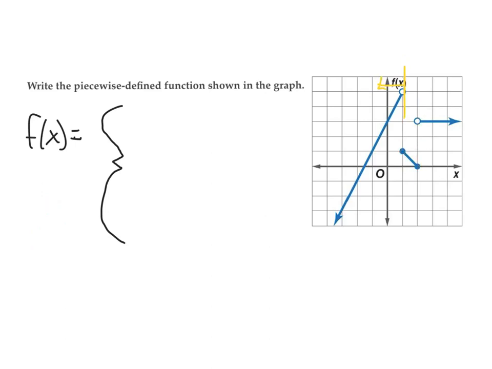So let's start with the very first one. What is the x boundary there going to be? 1. Okay? Is it greater than, less than, greater than or equal to, less than or equal to? Less than. It's less than, and it's not or equal to because I see this open circle. So it's going to be if x is less than 1. Okay? So that's the boundary part, just for that.